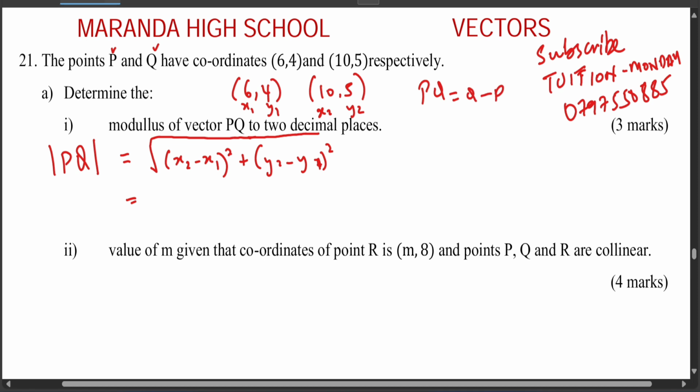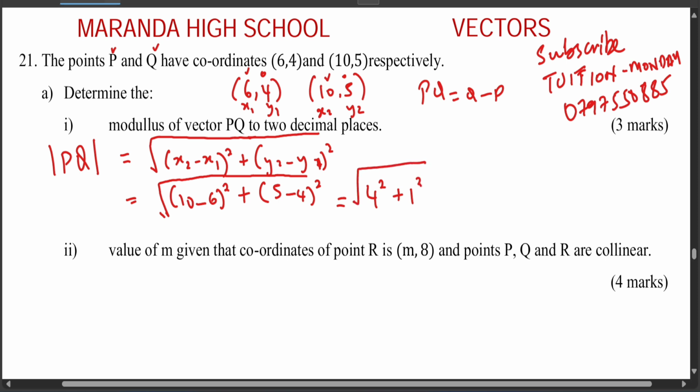So x2, which is 10, minus 6, squared, plus y2, which is 5 minus 4, then square. Then you're searching for the square root. So 10 minus 6 is 4, so 4 squared, then 1 squared, then square root.